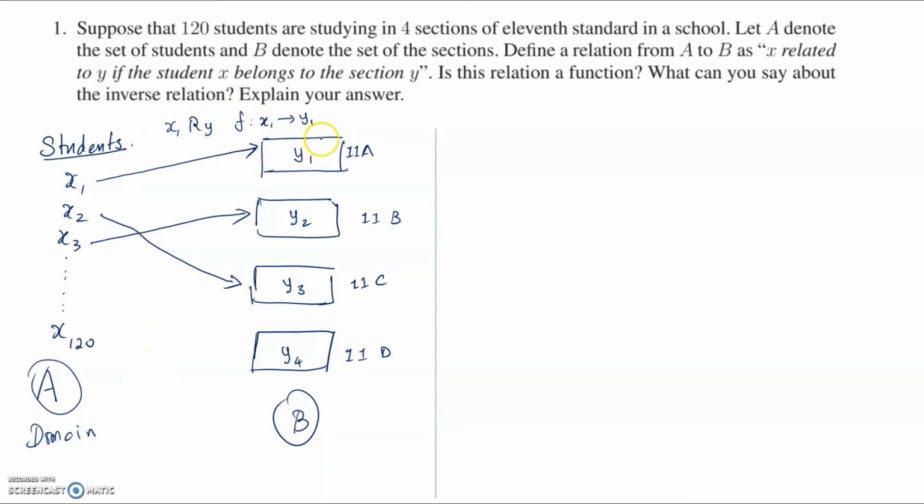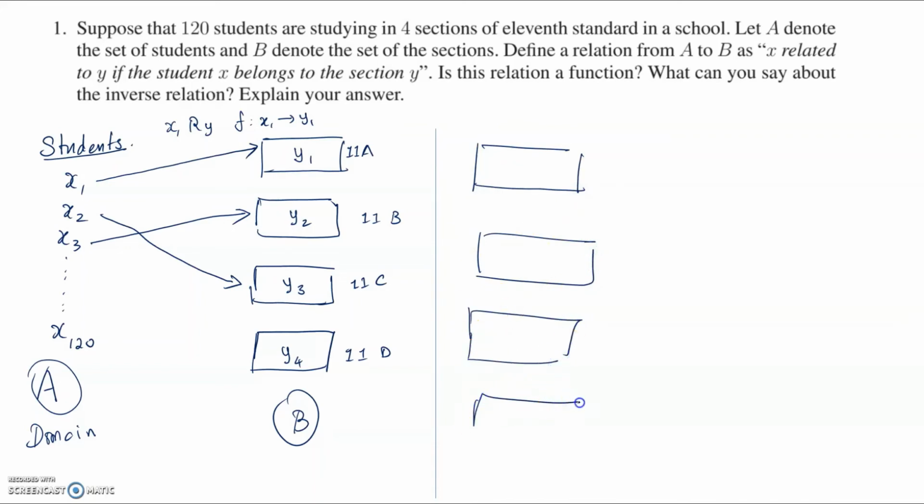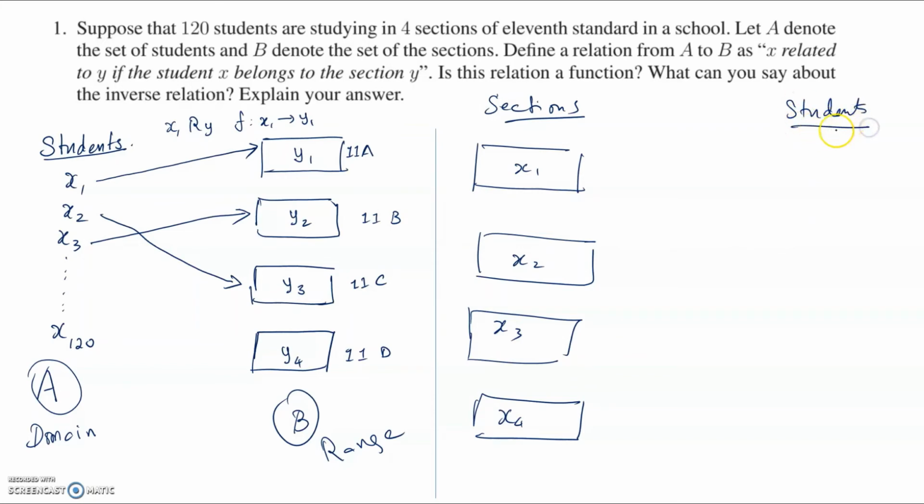We will put that in words, but let's first see how we can explain it using a picture. Let us now define the 4 sections. This is our range here. So the 4 sections, the classes, are x1, x2, x3 and x4, and our students, so I'm doing the inverse of it.